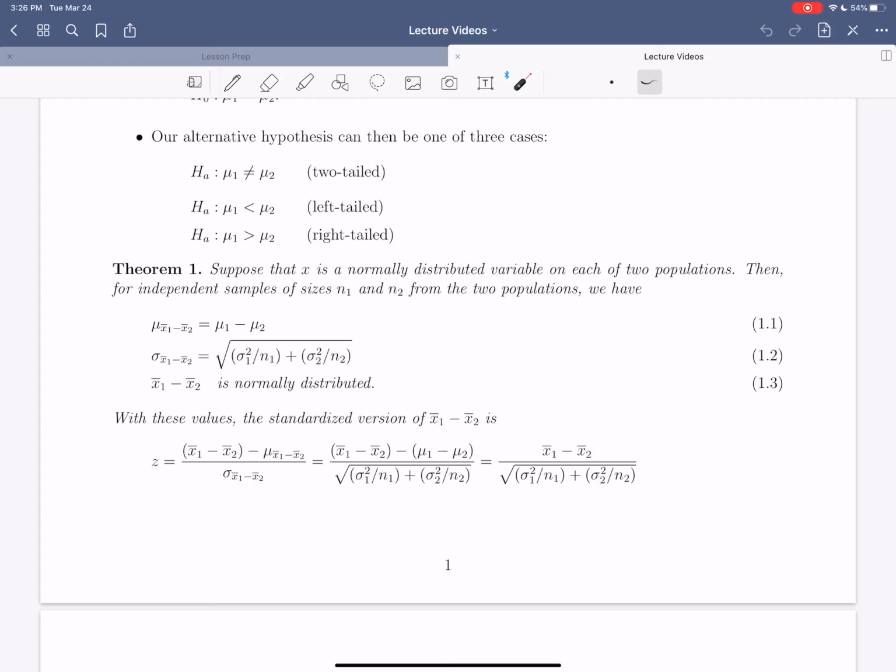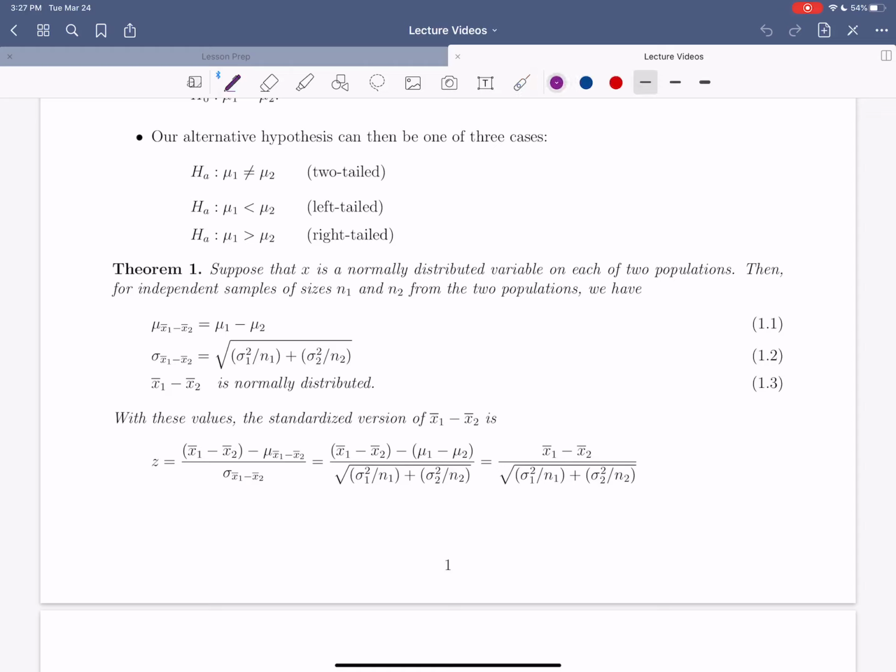Sigma1 and sigma2 are the standard deviations of populations 1 and 2. And just like usual, S1 and S2 stand for the sample standard deviations, and likewise x bar stands for the sample mean. Okay, so it's all the same stuff.